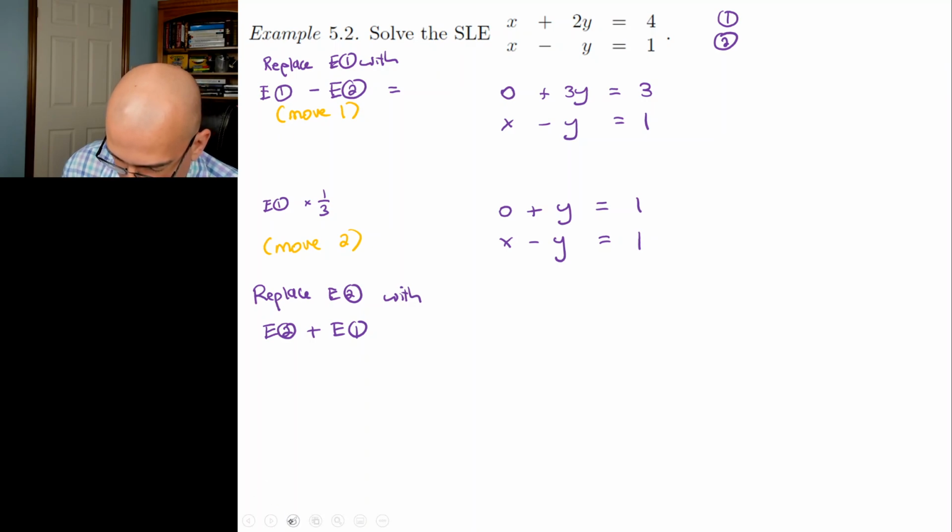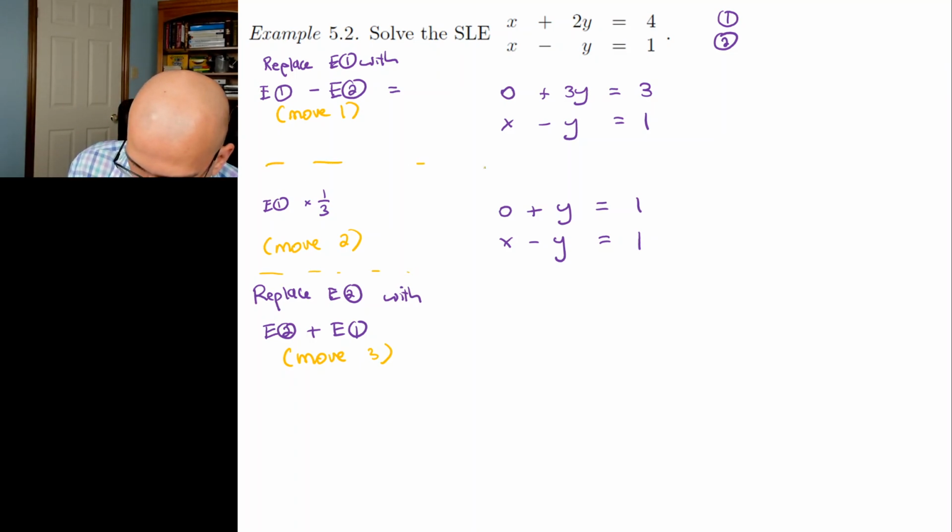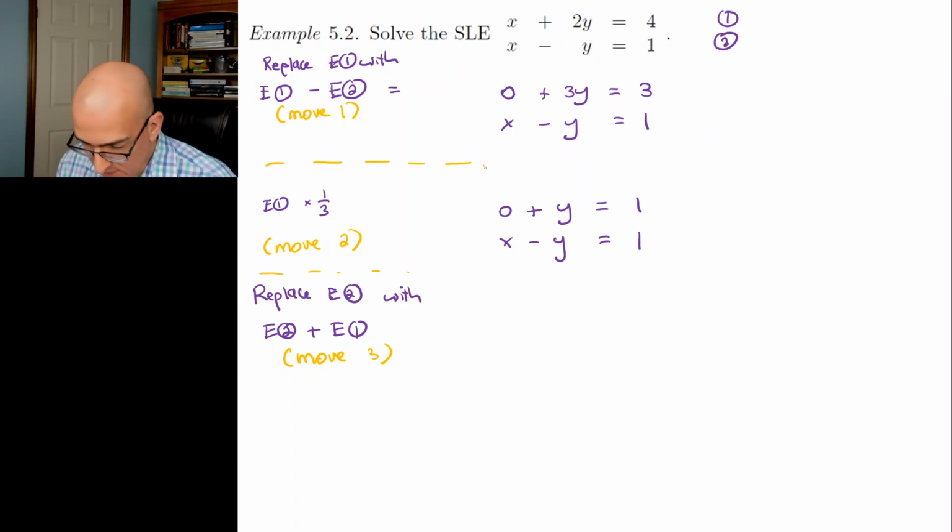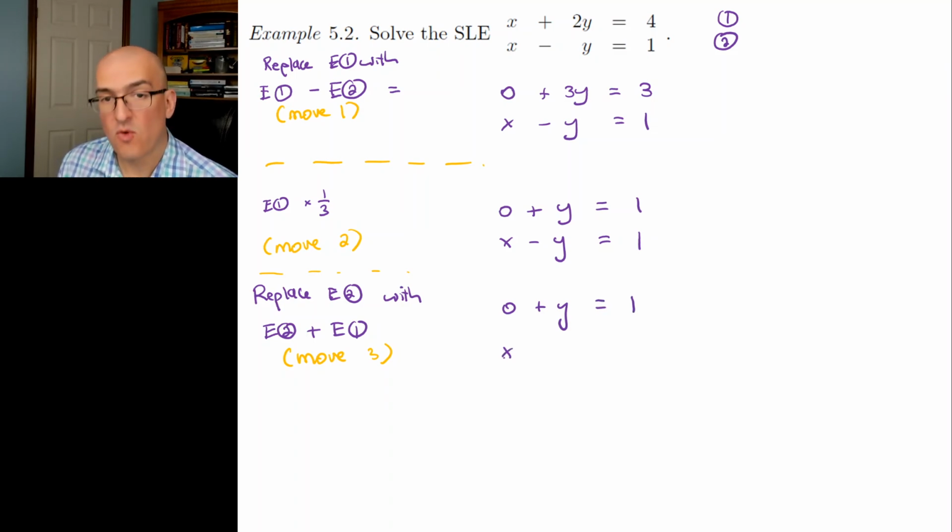So this is move 3. So equation 1, we're not changing inside this move. We have 0 plus y is equal to 1. And now we're going to have x plus 0, which is x, y plus minus y, which is 0, and 1 plus 1, which is 2.